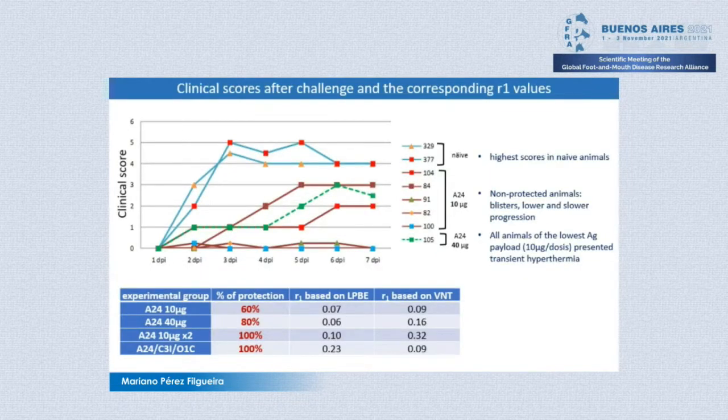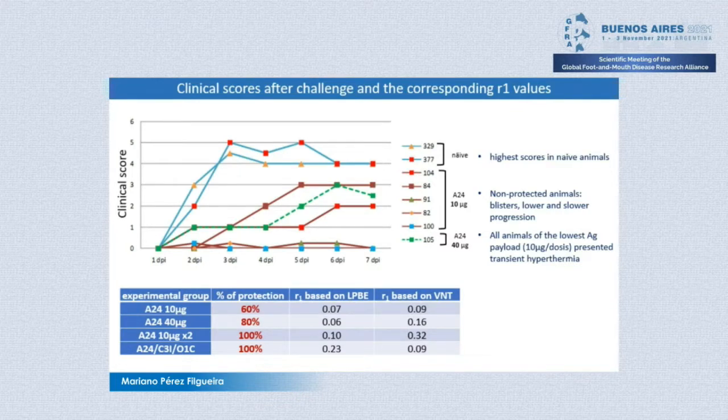This is also expressed in the clinical score, where the highest scores belong to the naive animals, because the score rises really fast and reaches the highest values of all. The non-protected animals show a slower progression of the score and also lower values, but all of them have lesions in the limbs.